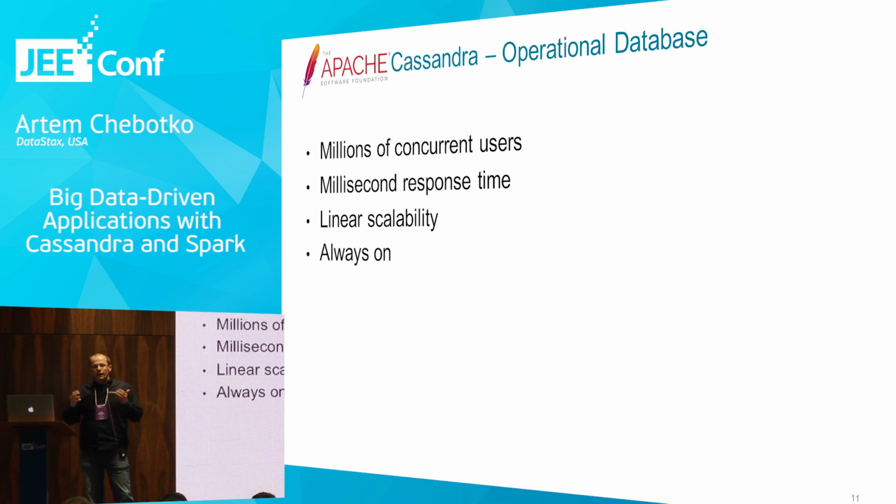Okay, the database system has linear scalability, meaning that if you need to improve the throughput of your cluster, you can double your cluster or triple your cluster, and you're going to double or triple your throughput. Okay, and another great feature that helps to fulfill one of the requirements is that Cassandra is always on. It's continuously available.